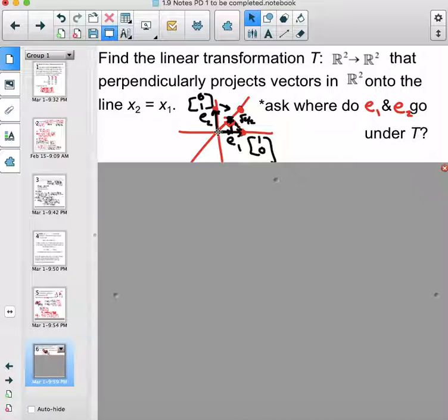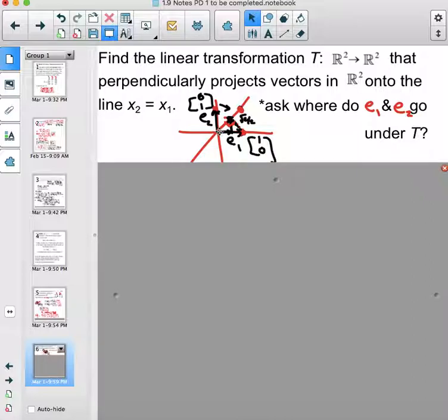So you go over 1, up 0, and it ends up halfway along here. That would be root 2 over 2. So this would be 1/2, 1/2, and then this whole thing is root 2, so this part is root 2 over 2. Sorry.